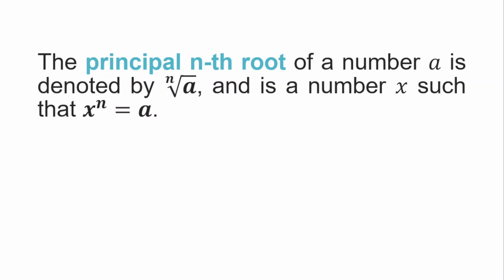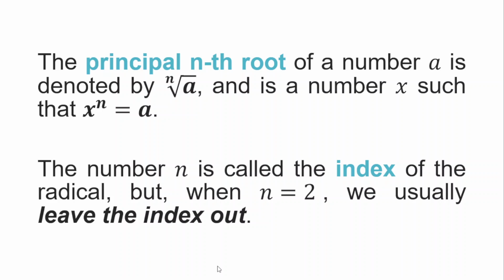Now the index of the radical is the n there, the nth root. What if n is 2? That's what we call the square root, so we usually don't write the 2. You only put an index of 3, 4, and above. Okay, so those are some quick notes.